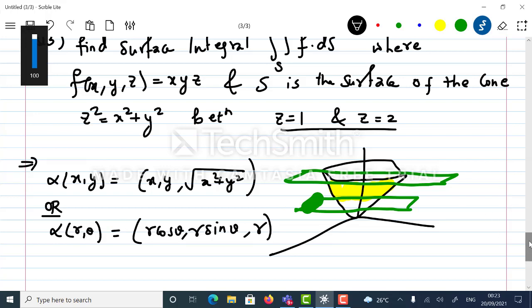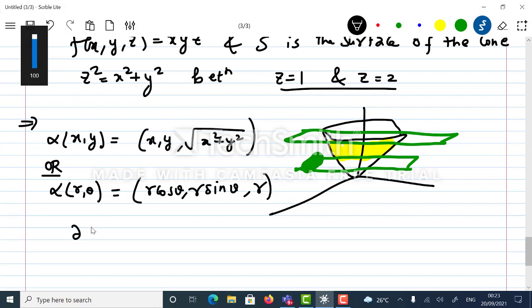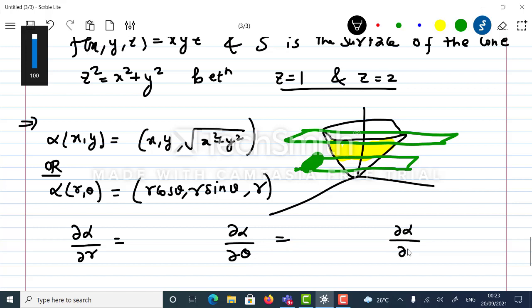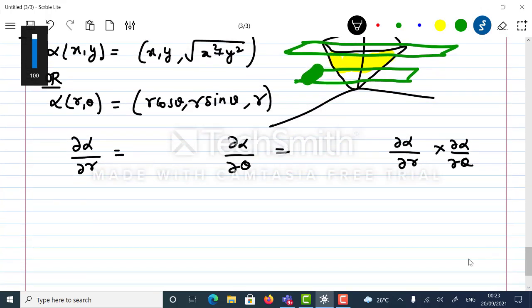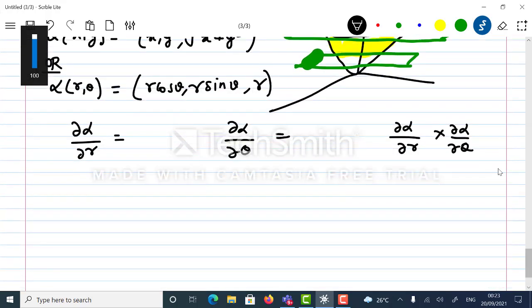Then you can find dou alpha by dou r, and similarly dou alpha by dou theta. Then you find the cross product of dou alpha by dou r and dou alpha by dou theta. This is to be calculated, and after that you need to take the norm of this, because the surface area element is the norm of dou alpha by dou r cross dou alpha by dou theta.